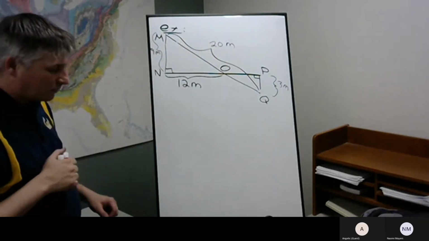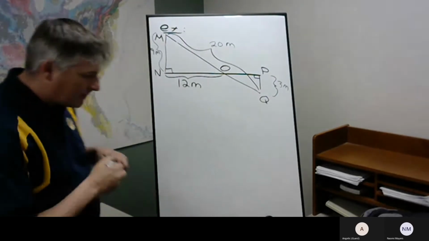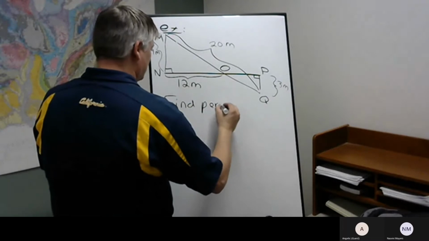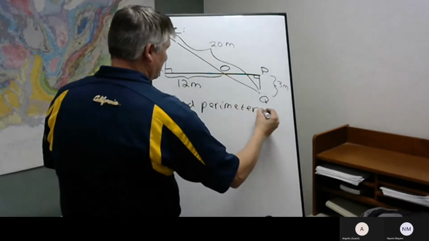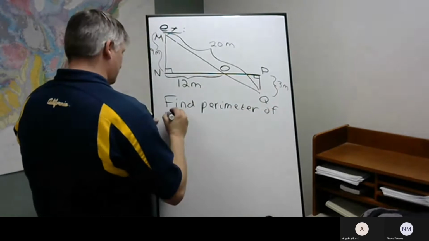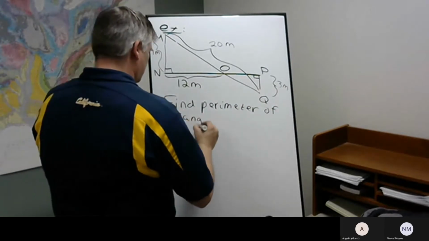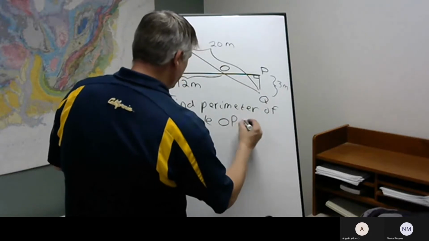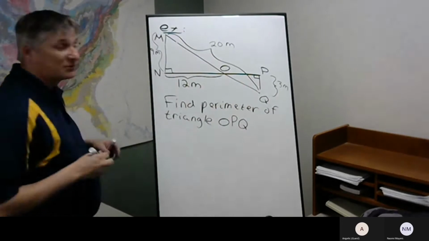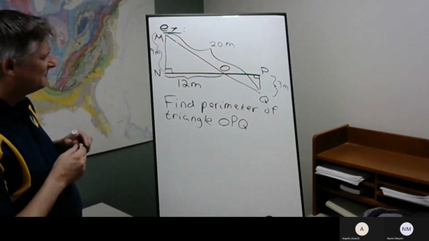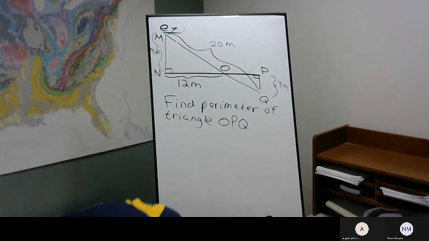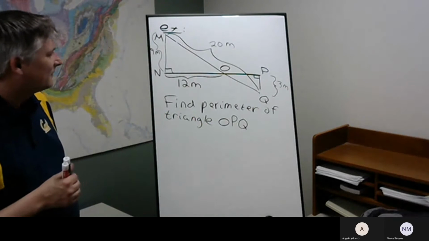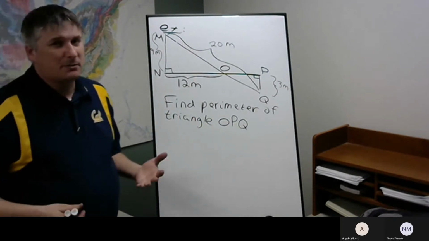All right. So what we're tasked to do is find the perimeter of OPQ, that triangle. So again, we're going to use similar triangles.